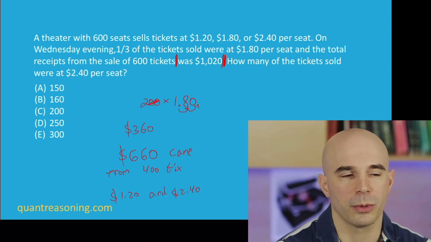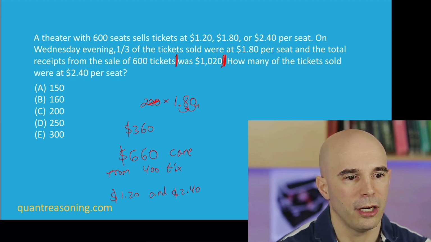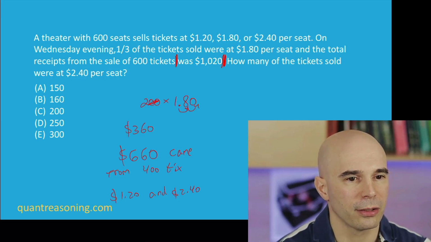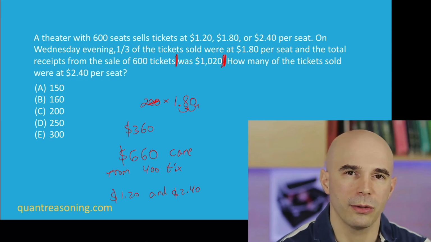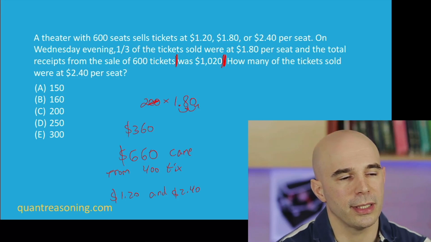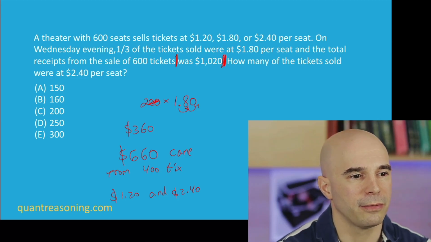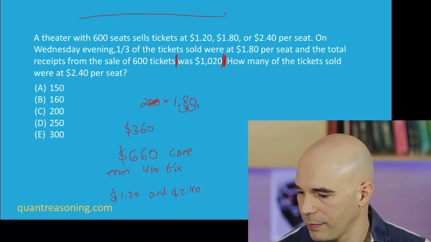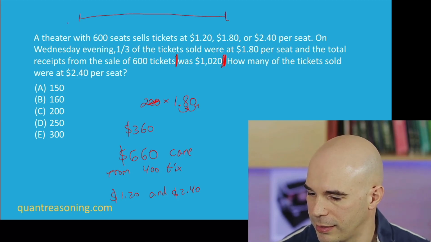If all of the tickets were $1.20, how much money would you have made from 400 tickets at $1.20 each? I think it works out to $4.80. And $2.40 is exactly double, so what's double of $4.80? $9.60.